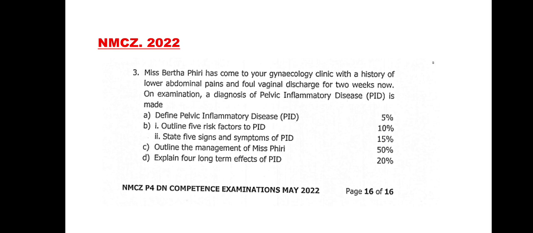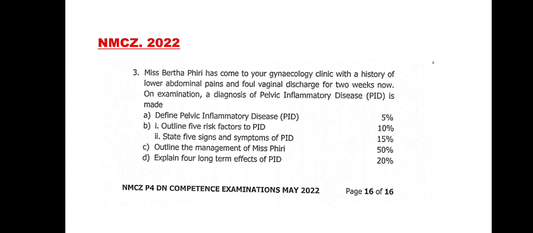And then the other risk factor for PID is based on sexual behavior: early onset of sexual activity, engaging in sexual activity at an early age. So how does this come about? We must know that adolescents have a more immature cervix, and the columnar epithelium is exposed in the young ones.